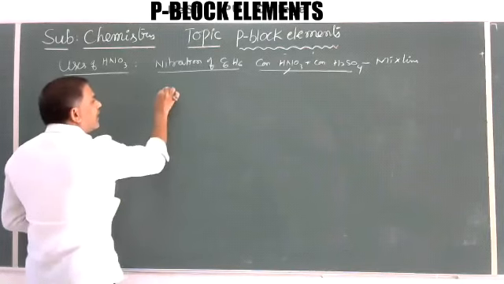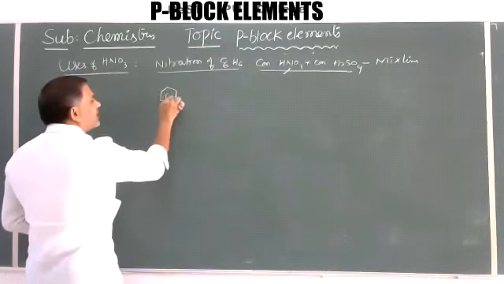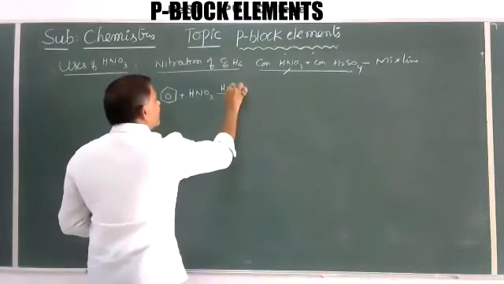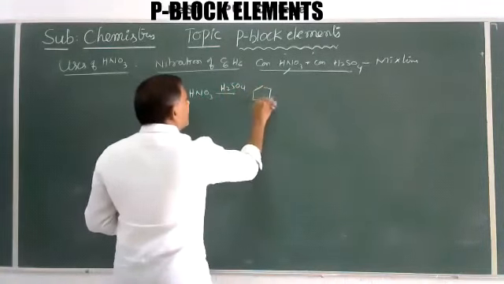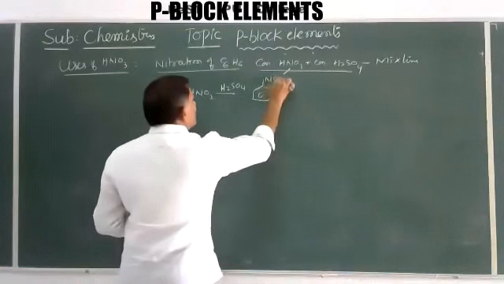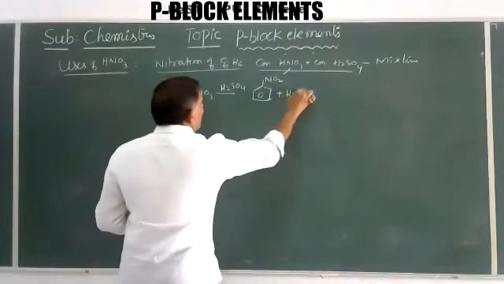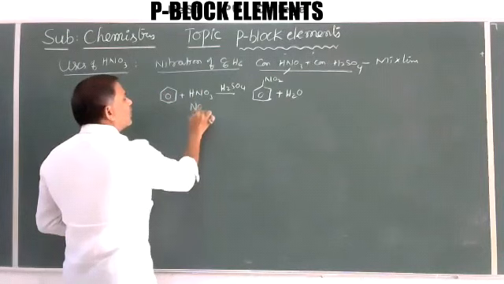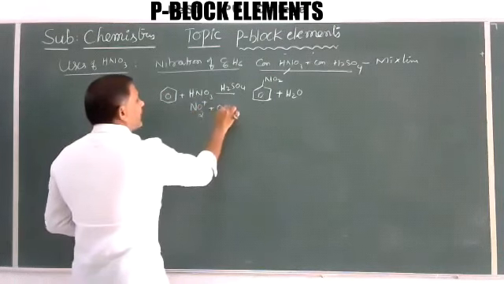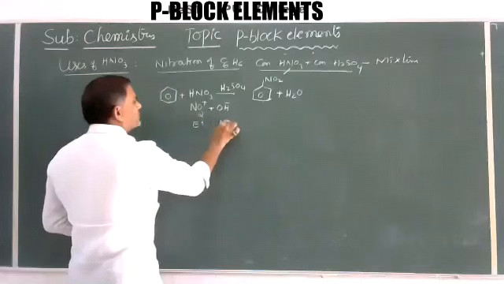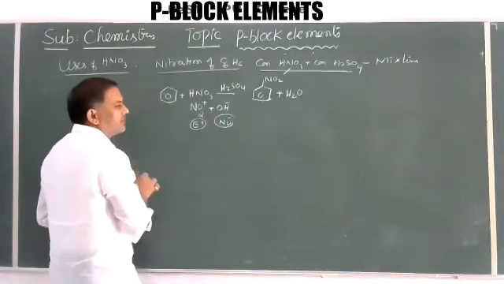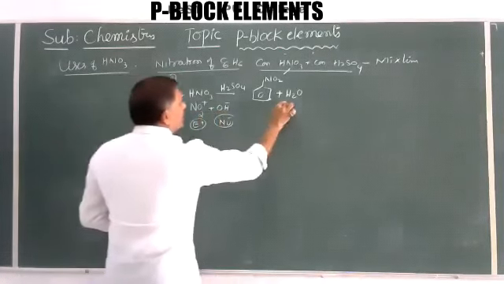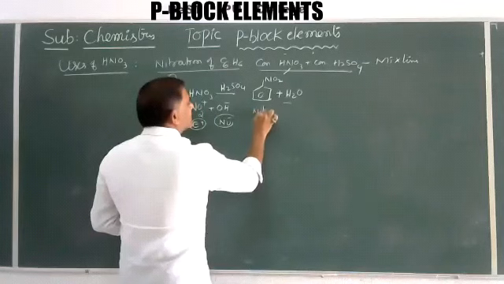Under these conditions, benzene is reacted with nitric acid in the presence of H2SO4 and we get nitrobenzene, C6H5NO2, plus H2O. Here it creates NO2 plus and OH minus. NO2 plus is the electrophile, OH minus is the nucleophile. Either here or here, anywhere, this hydrogen atom reacts with OH minus, water is eliminated, and nitrobenzene is formed.